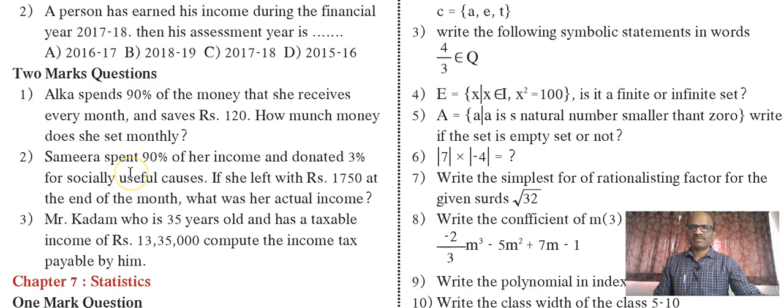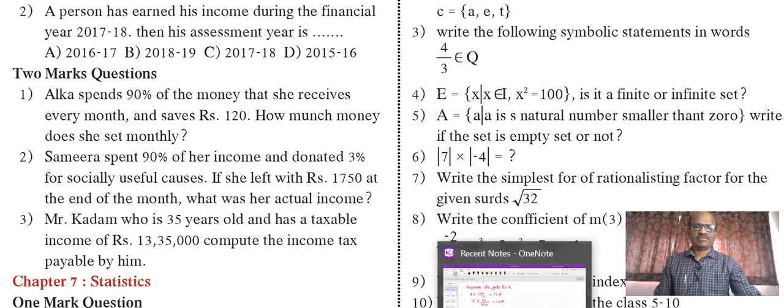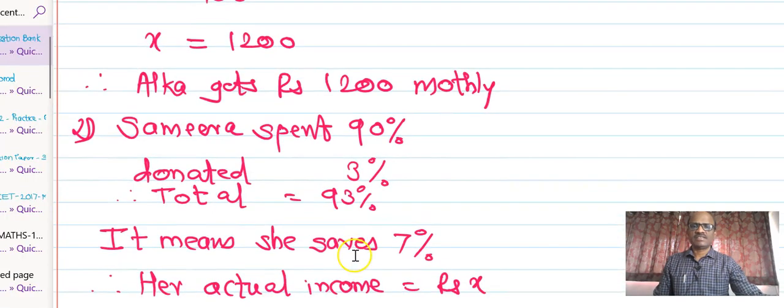Samira spent 90% of her income and donated 3% for socially useful causes. If she left rupees 1750 at the end of the month, what was her actual income? Now we will again, by using the same technique, Samira spent 90%, donated 3%, and the total is 93%.